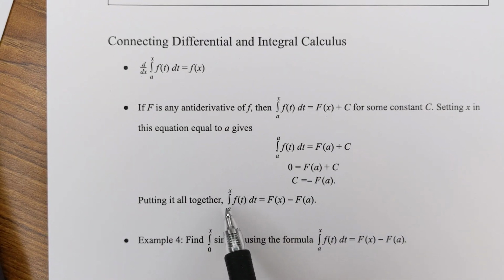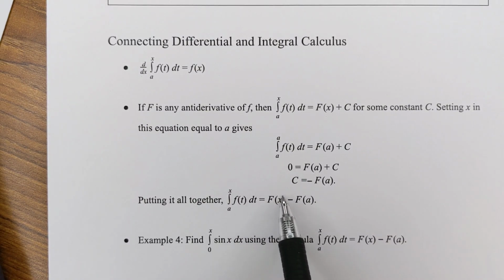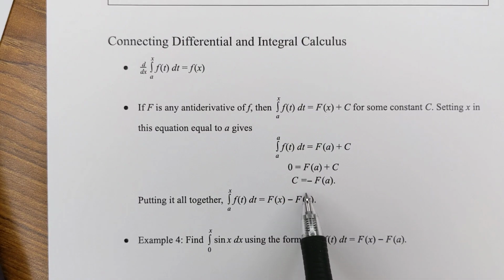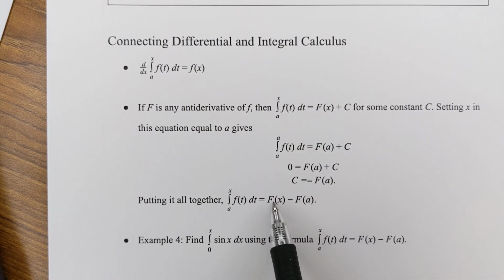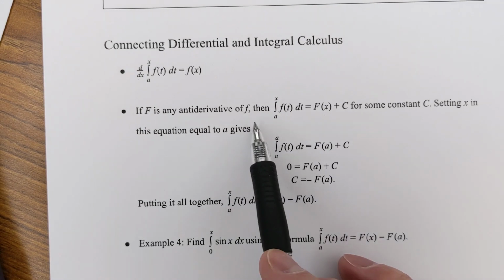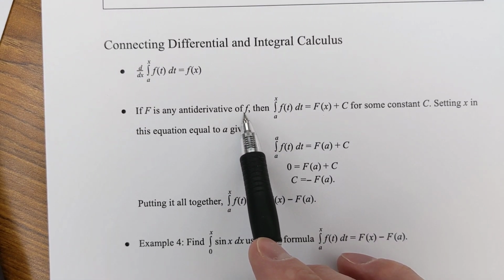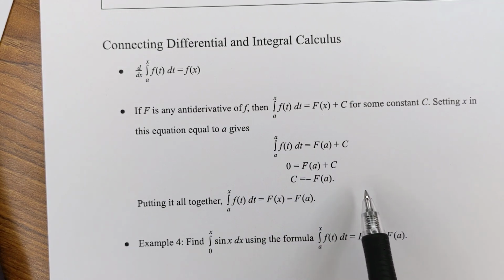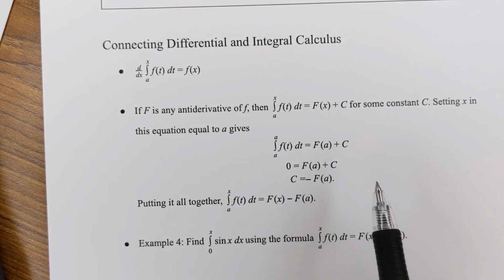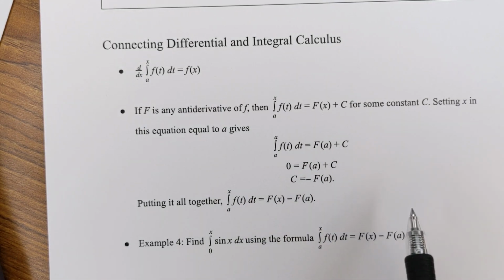So putting it all together, the integral from a to x of f of t dt. Now these t's don't have to be t's, they could be y's, z's, doesn't matter. It's capital F of x minus capital F of a, where capital F is the antiderivative, the thing that has a derivative of f. So for example, x squared, its antiderivative is 1/3 x cubed.